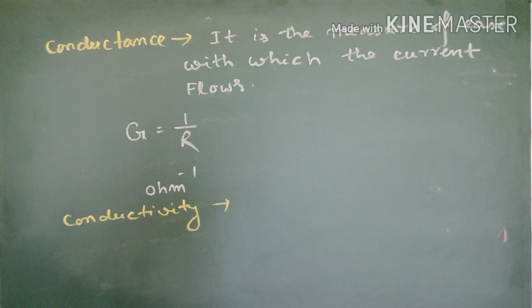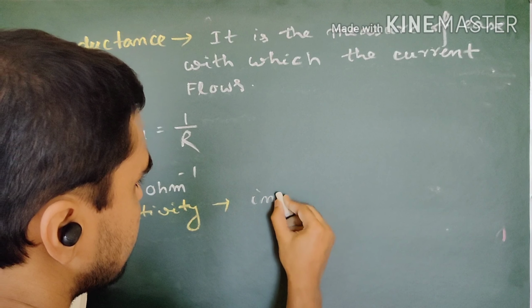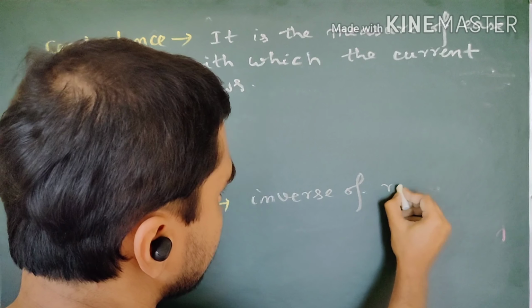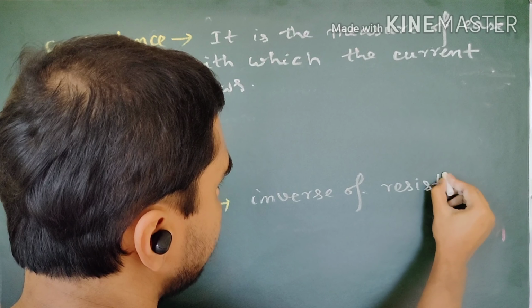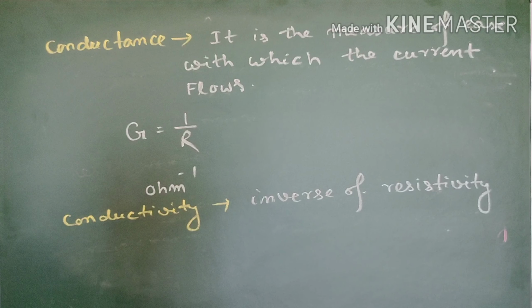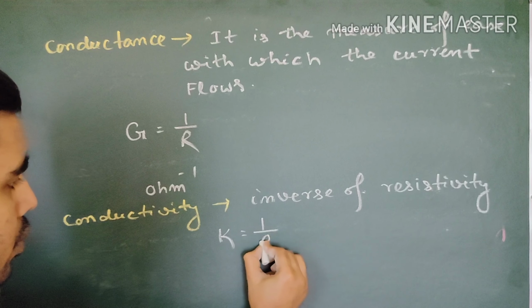So conductivity is just the inverse of resistivity. So inverse of resistivity means, it is expressed as kappa, so it is 1 by rho.